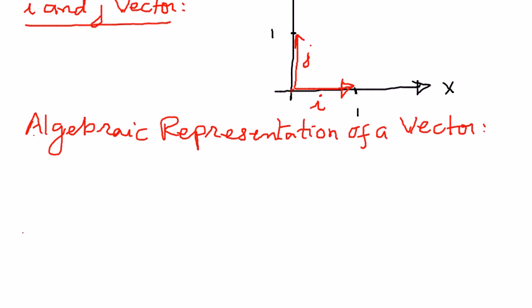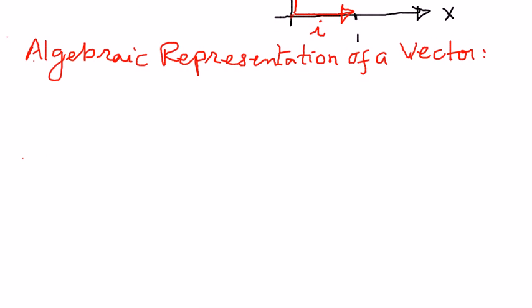Algebraic representation of a vector. The way to do that is as follows. Again, let me draw a simple graph, and then based on this graph, I will explain all the details related to this.